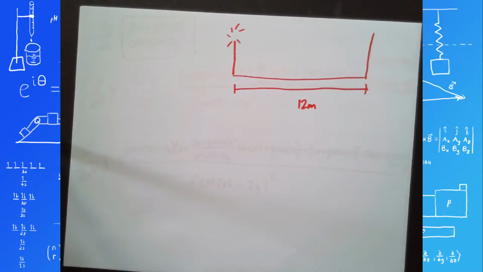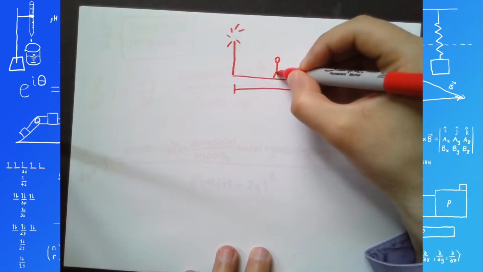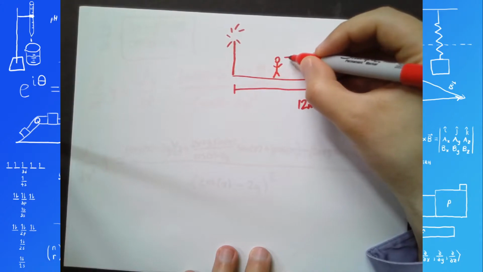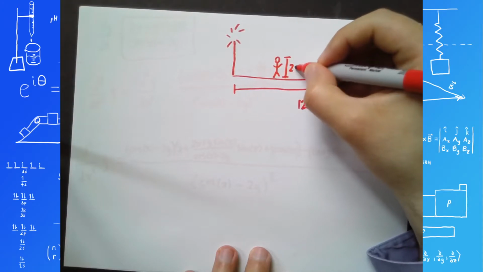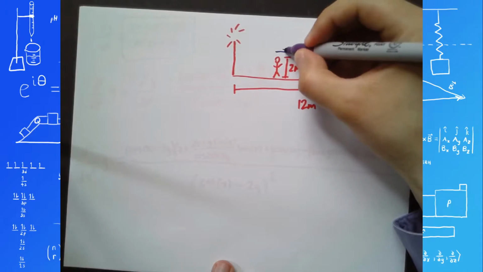If a man 2 meters tall walks from the spotlight toward the building at a speed of 1.6 meters per second. So they're 2 meters tall, and they are walking away at 1.6 meters per second.